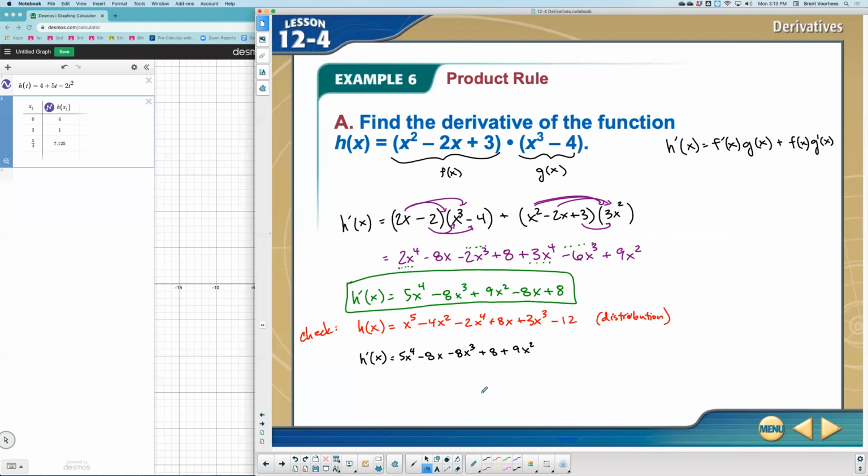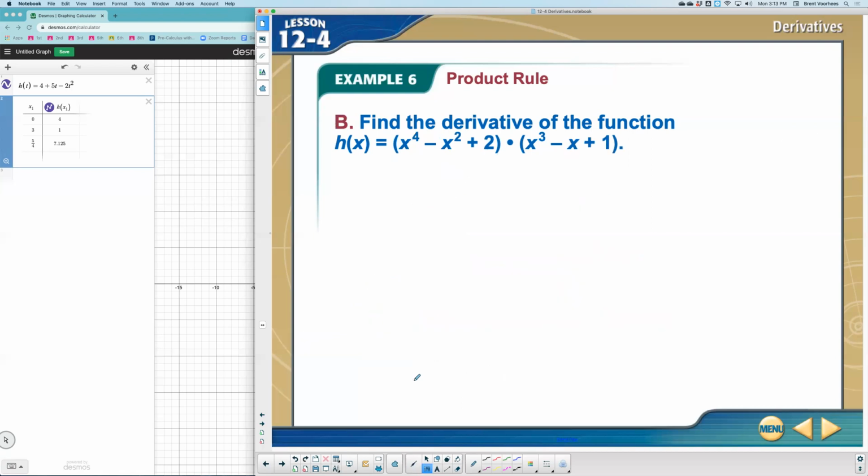The 12 would go away, and if I reordered this in terms of greatest power to lowest power, I'd have 5x to the 4th minus 8x cubed plus 9x squared minus 8x plus 8, which is just as we had before. So you can see that you can solve it either way. You can use what's called the chain rule, or you could distribute and use the normal power rules that we've learned.